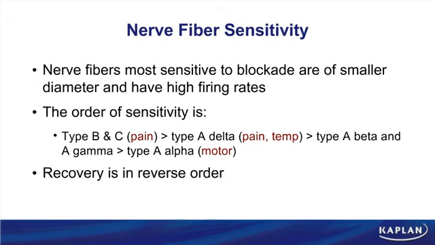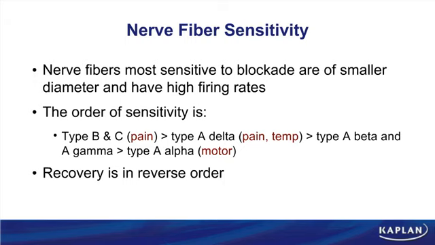Same thing for your local anesthetics. They're sodium channel blockers. They're going to block the nerves that have the fastest firing rate. So here's the order of sensitivity. Type B and C fibers are going to be affected first. These are fibers that mediate pain transmission. Type A delta are affected next. These are fibers that transmit pain and temperature.